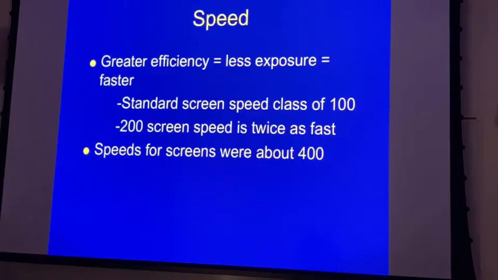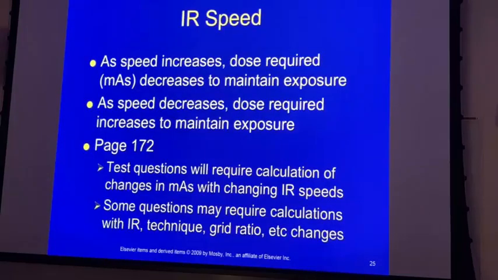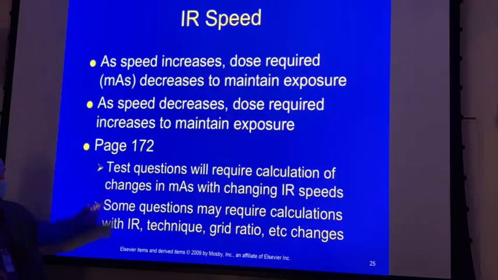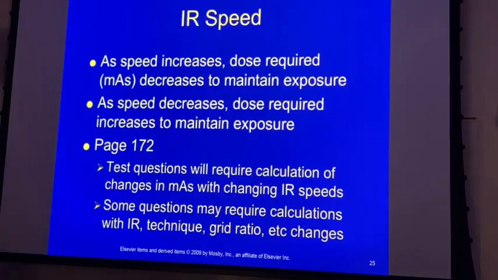So that's basically what we just talked about: as speed increases, we get twice as much exposure; 4 would be 4 times the exposure. Test questions will require calculation of mAs with changing image receptor speeds.